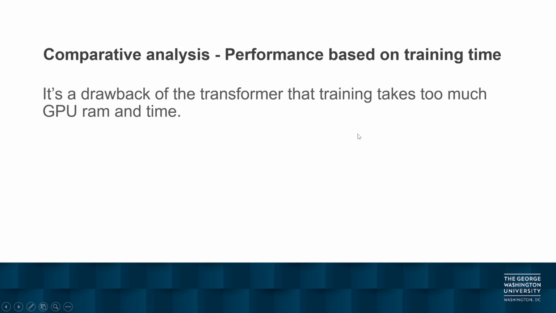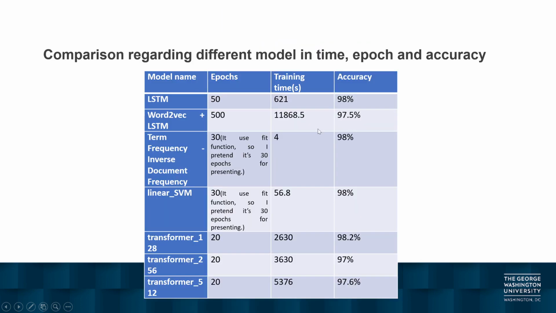And regarding the training time and GPU usage, it's quite a drawback for the transformer, because all those NLP models take really a short time, except this one. I don't know what the reason is, but the time it shows is quite long.